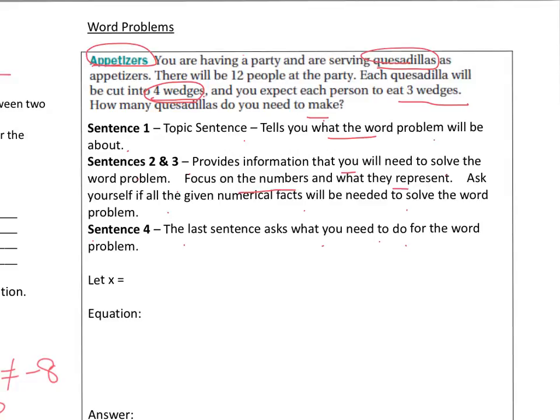So when I solve a word problem, I usually define my variable. What am I looking for? Well, the last sentence asks how many quesadillas do you need to make. So let x equal the number of quesadillas. Again, I told you earlier, quesadillas are Mexican pancakes.